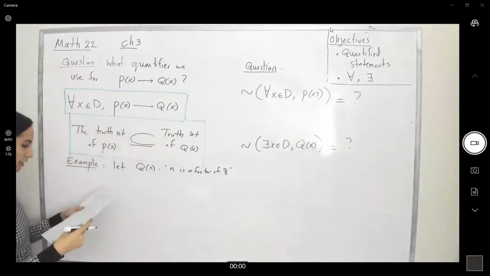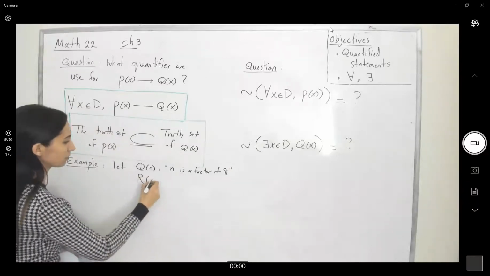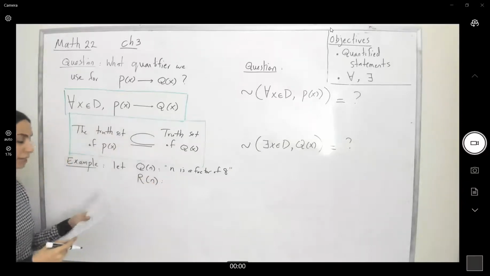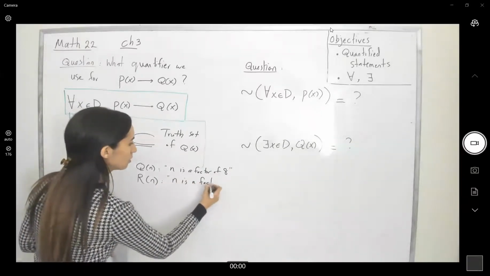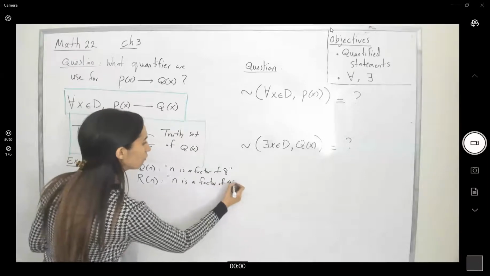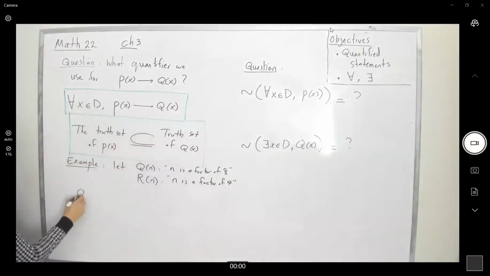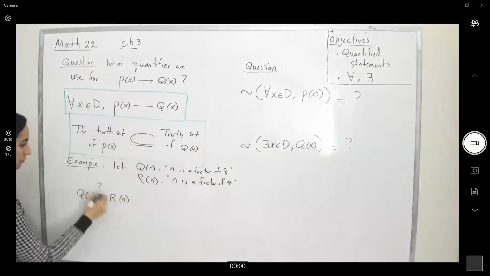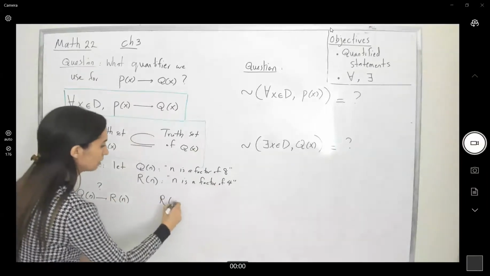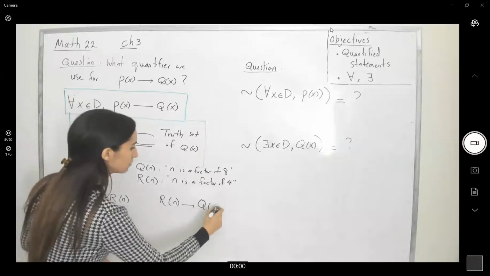And you have R of n, which says, well, n is a factor of 4. Which one is true? Qn implies Rn, or Rn implies Qn?